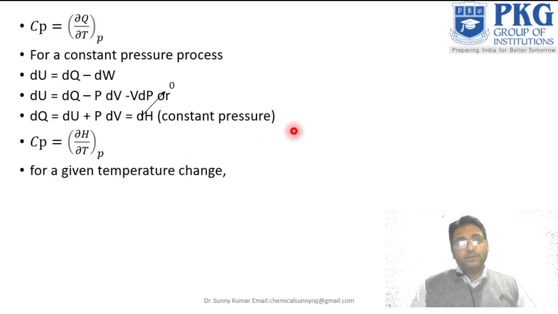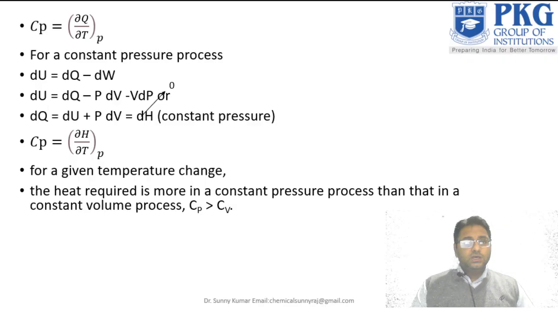For a given temperature change, the heat required is more in a constant pressure process than in a constant volume process; Cp is greater than Cv.